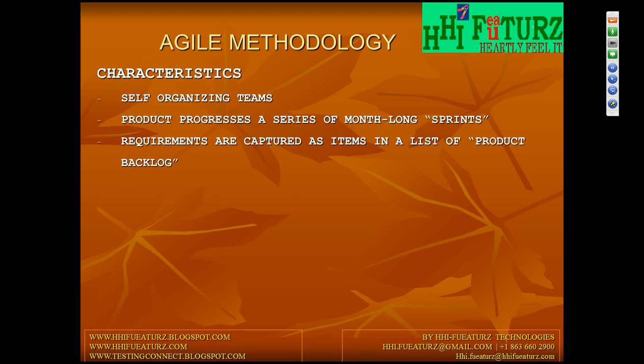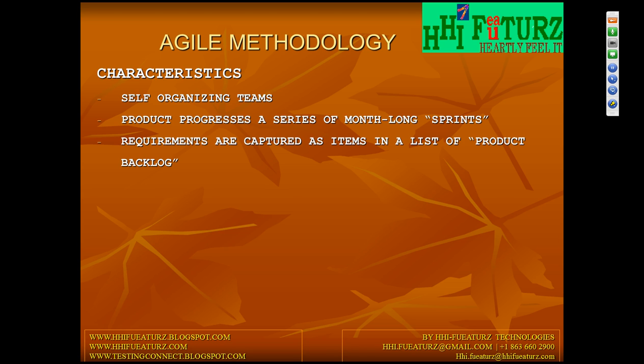Requirements are captured as items in a list of product backlog. In the waterfall model or V model, you go for the business requirement specification, or SRS, software requirement specification, or functional requirement specification, and you will consider even use cases. Just yesterday I was discussing, right?